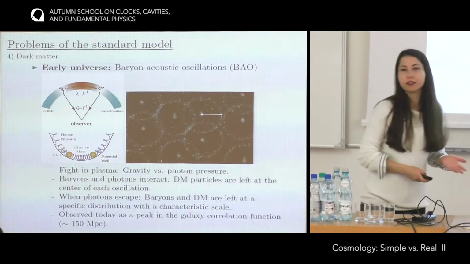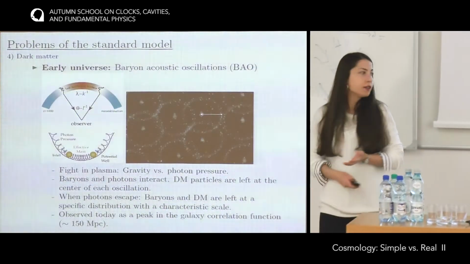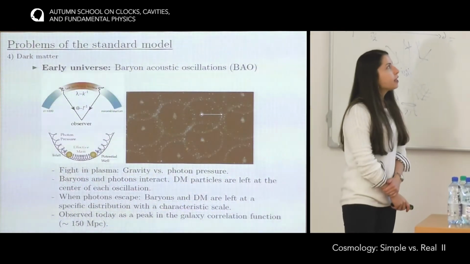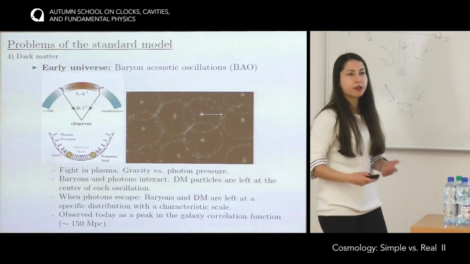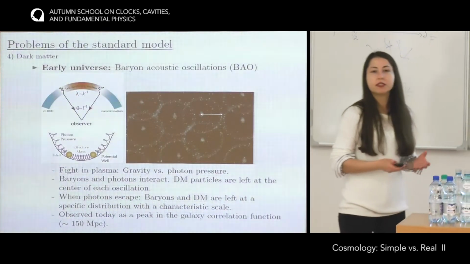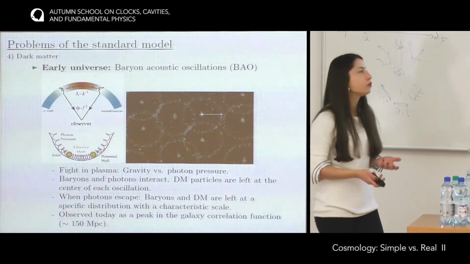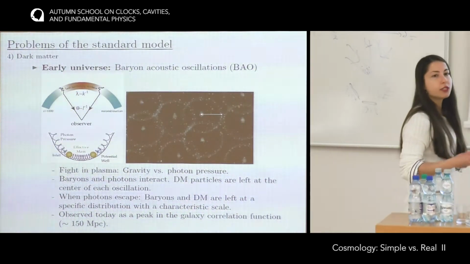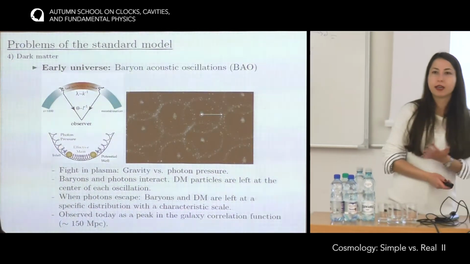So this galaxy correlation function peaks at 150 megaparsecs, and this is another very important sign of the fact that we need some dark matter in the early universe to see the structures the way they are today.